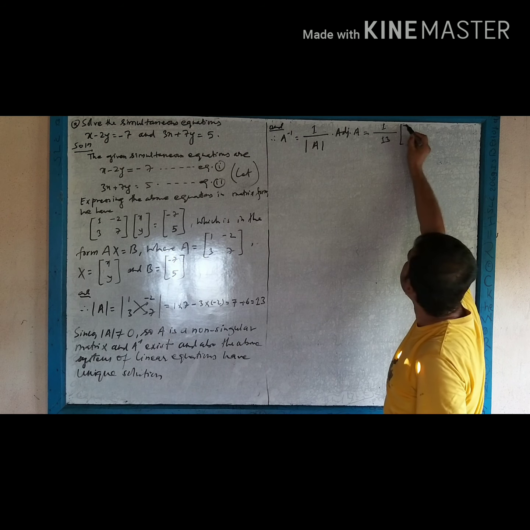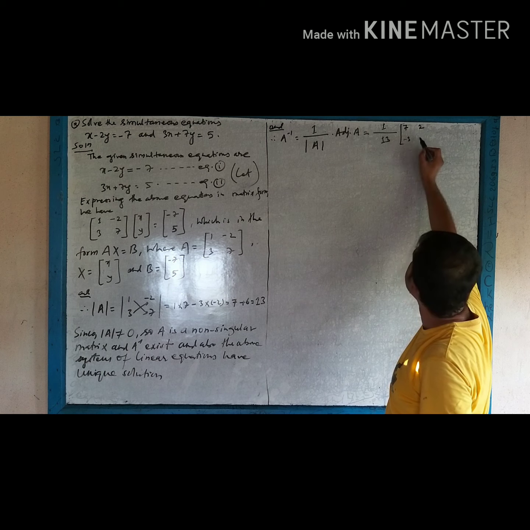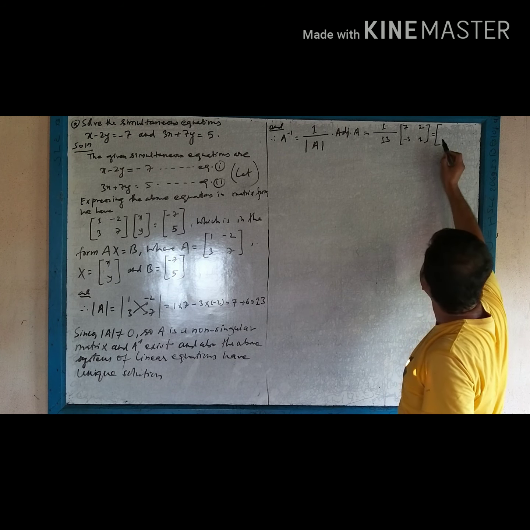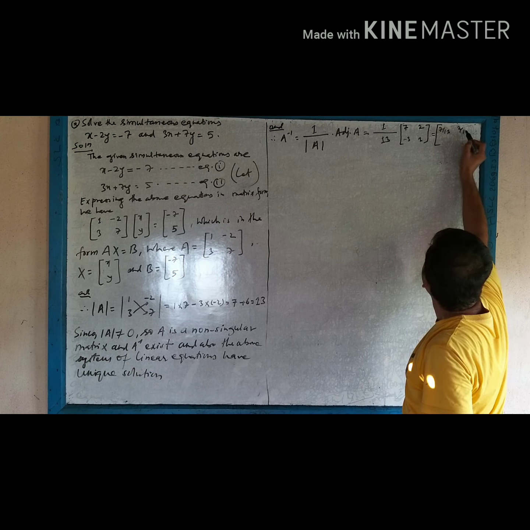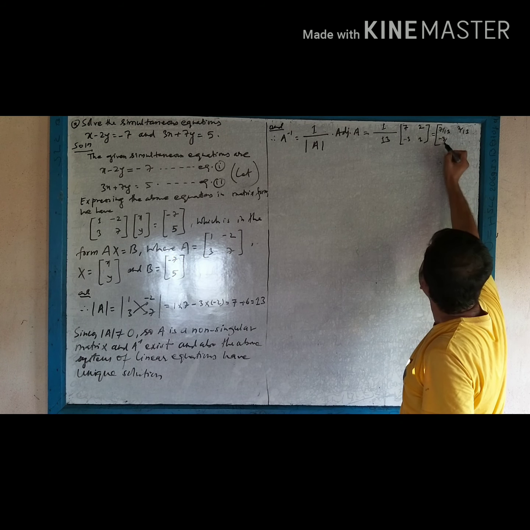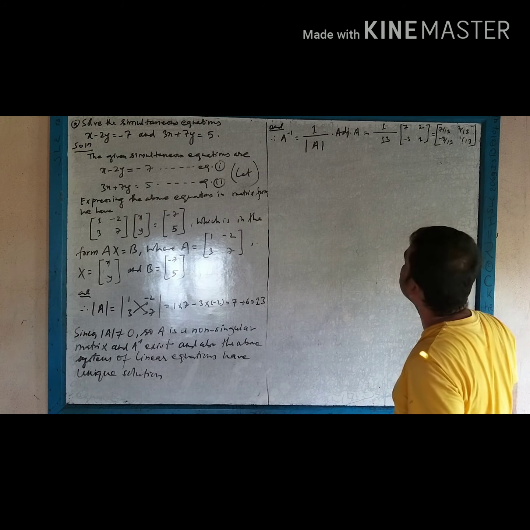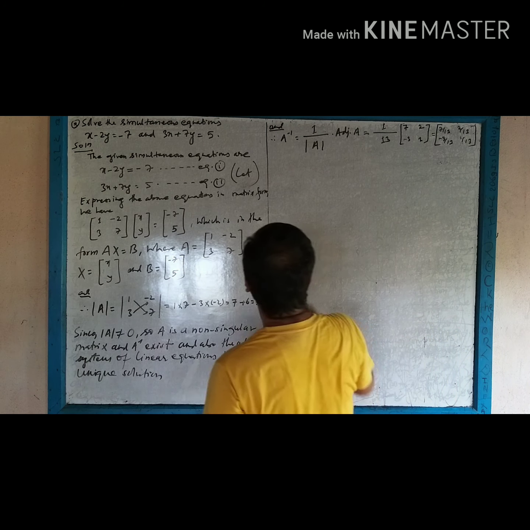This becomes 7, this is 2, this becomes minus 3, this is 1. So 7 by 13, 2 by 13, minus 3 by 13 and 1 by 13.